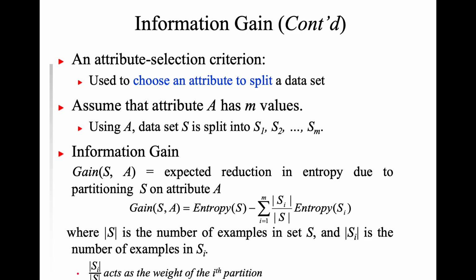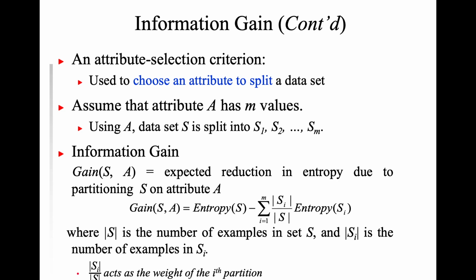For example, if the outlook is sunny, you calculate the entropy of that, and then you deduct it from the entropy of S, the whole data set. Because you want to see how selecting that partition, for example, the partition of outlook sunny, affected your learning, right?